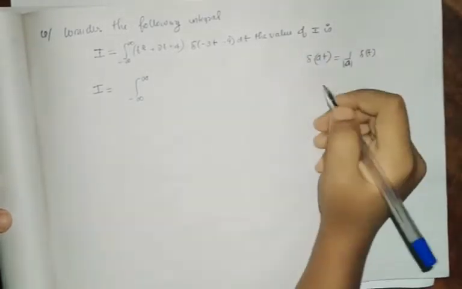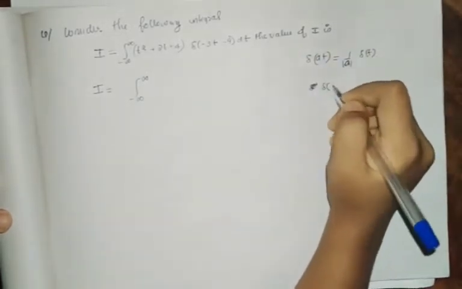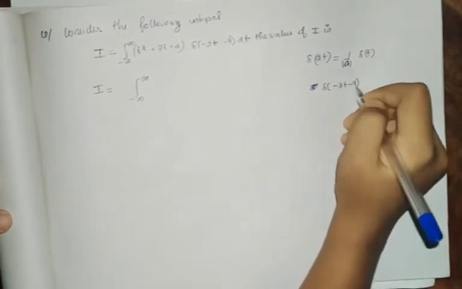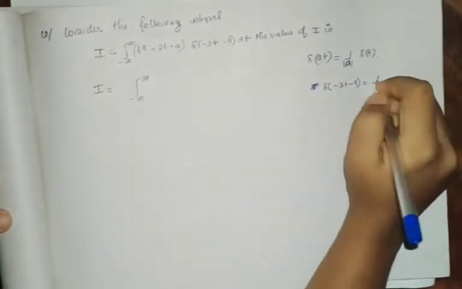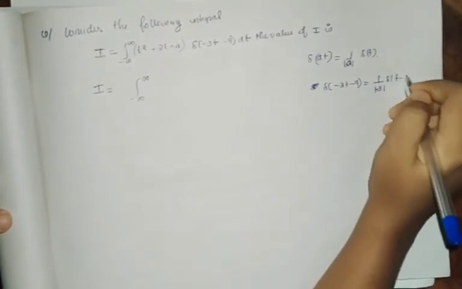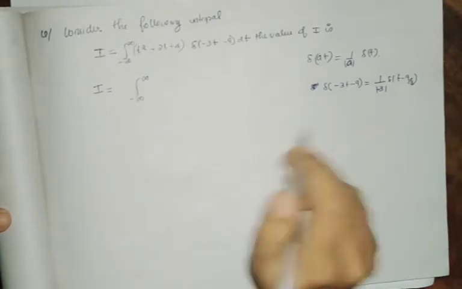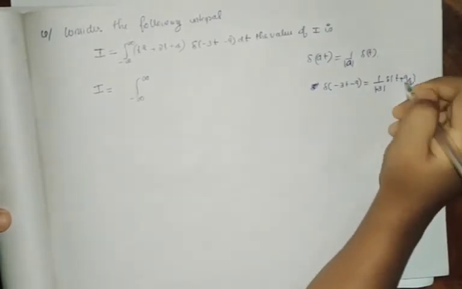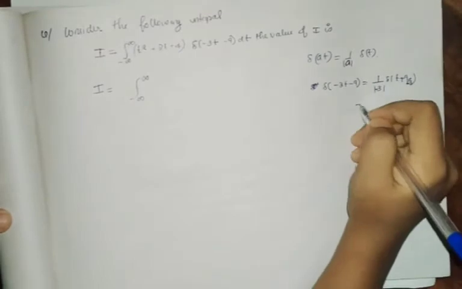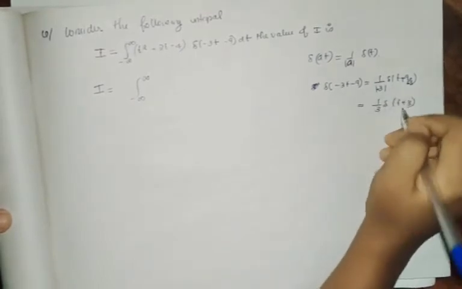Also del of minus 3t minus 9 will be 1 divided by modulus of minus 3 del of t minus 9 by minus 3. So I can write 1 by 3 del of t plus 3.